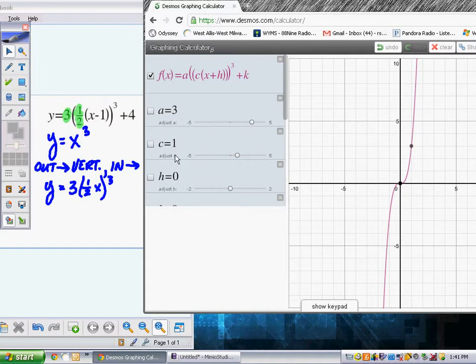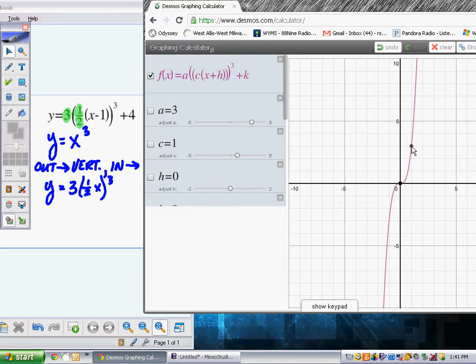Pretty cool. Now, this 1/2 inside is a little bit more confusing. What that essentially does is makes it so that our input values have to be twice as much as they were originally to get the same output, meaning that I have to actually multiply all my x's by 2 to get my same output.